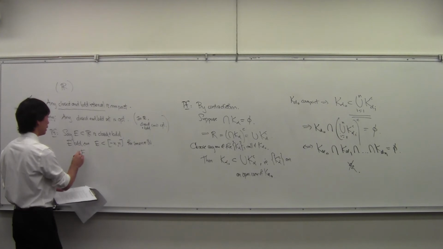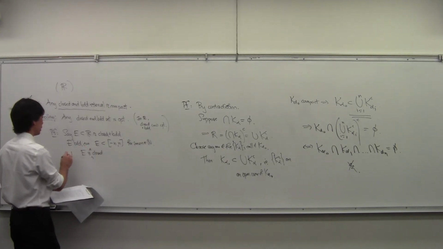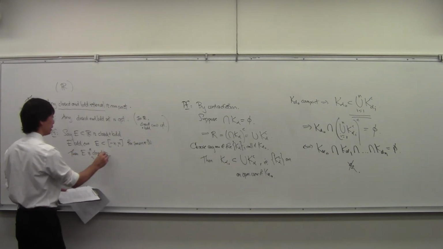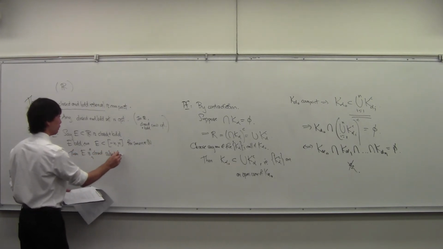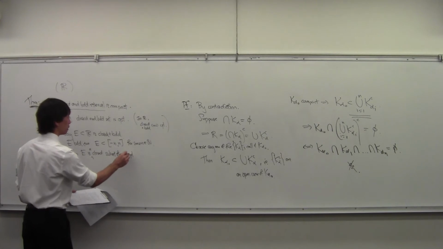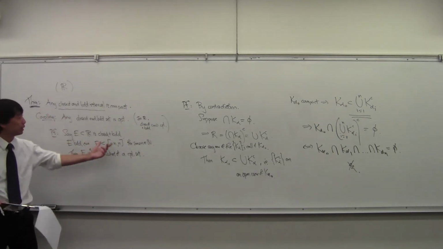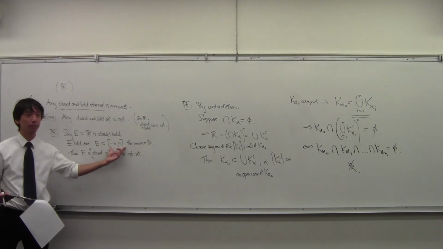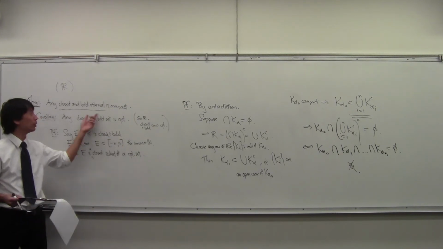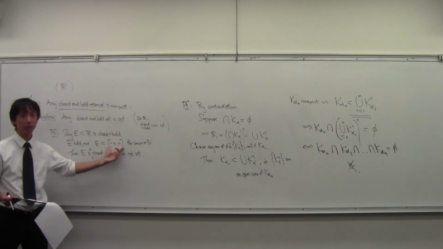But then E is closed, and E is a closed subset of a compact set. Right? By the theorem, this interval is compact. The theorem we're going to prove in a second is that any closed and bounded interval is compact.